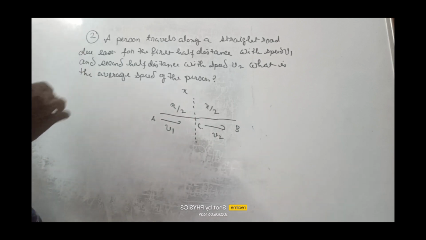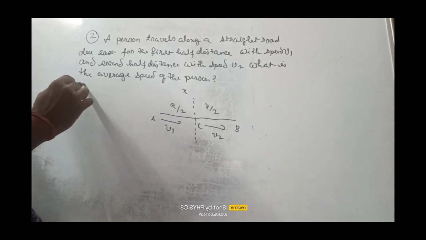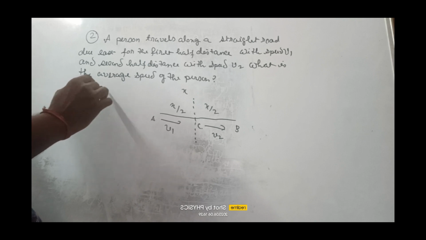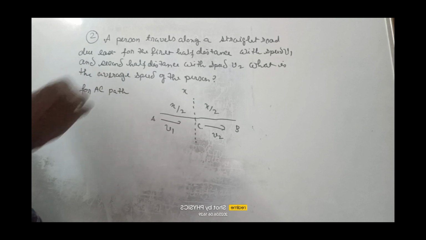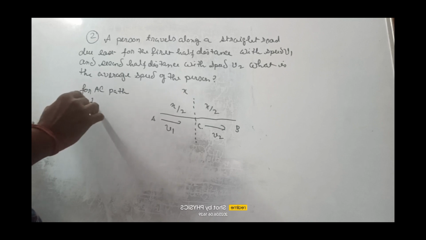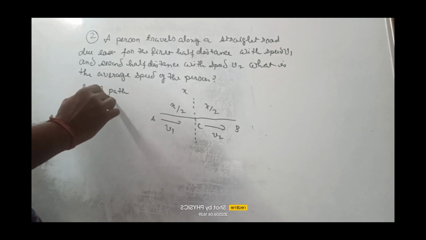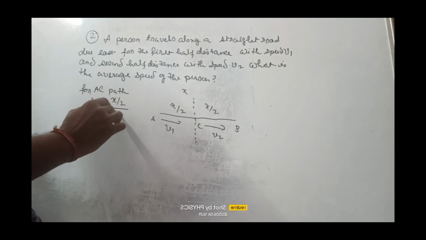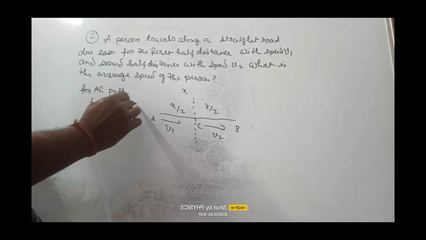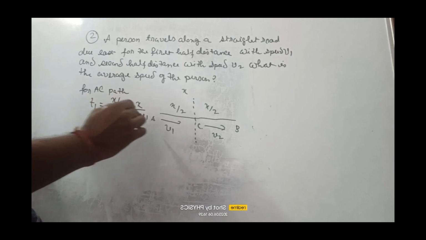Now here for the AC path, time taken t1 is equal to distance by speed, that is x by 2 v1.